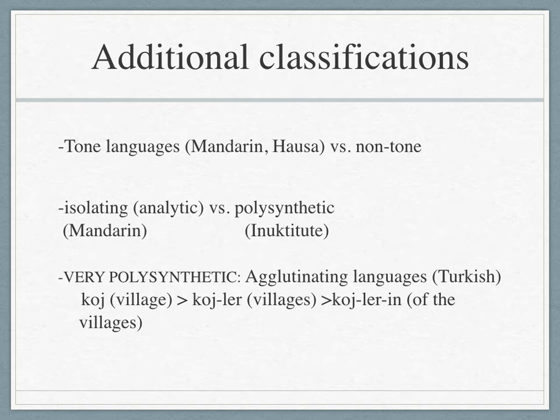If a language uses longer combined words, then that's more polysynthetic. And an example is Turkish, which gets these really long words and is clearly more polysynthetic than English when we look at the translations of these words. So "koy" means village, "koyler," villages, but then you can say "koylerin," it's still one word, but it means "of the villages." So something that we, in English, convey with 3 separate smaller words.